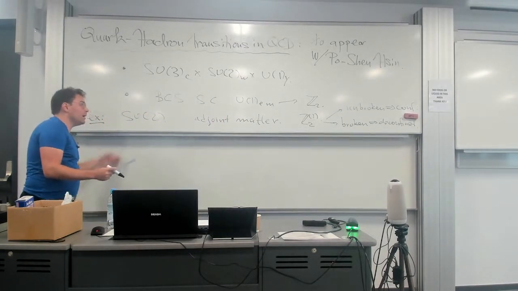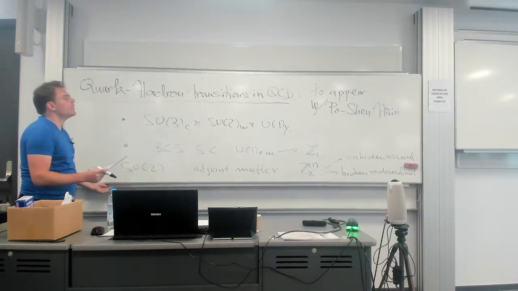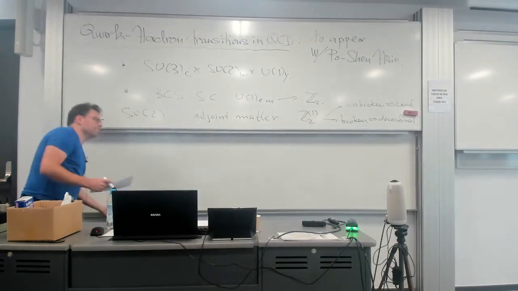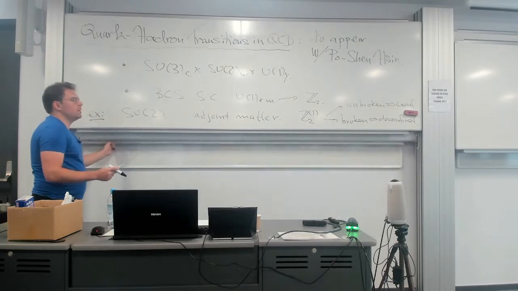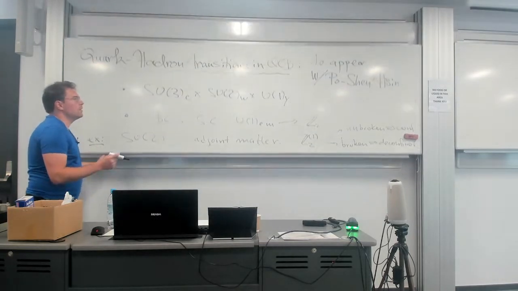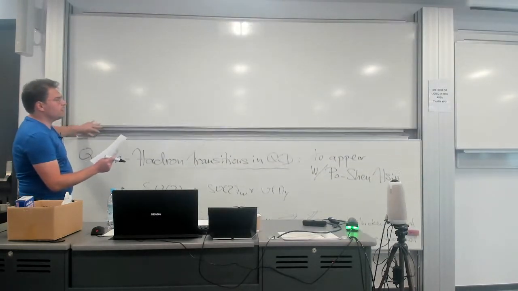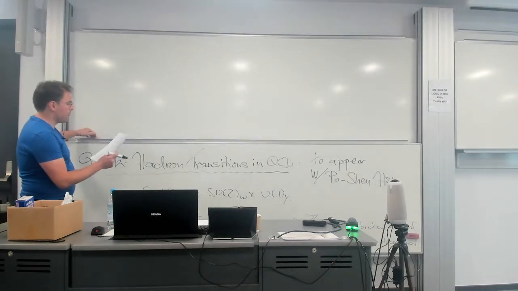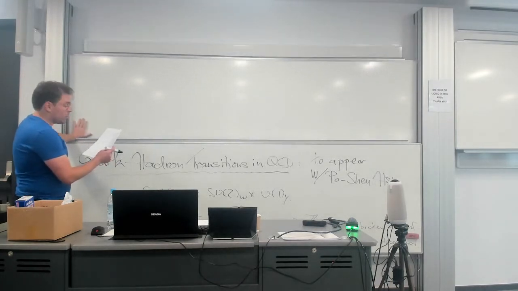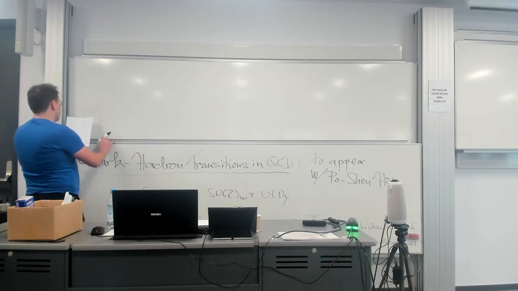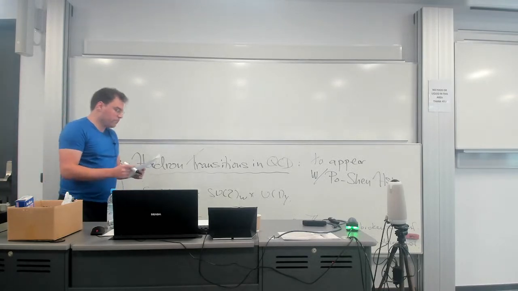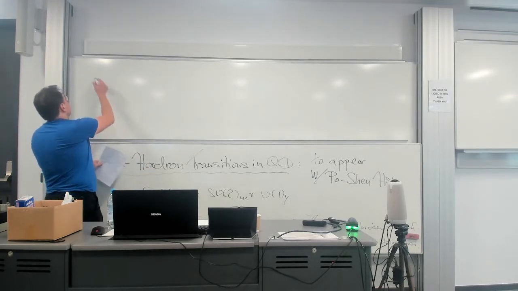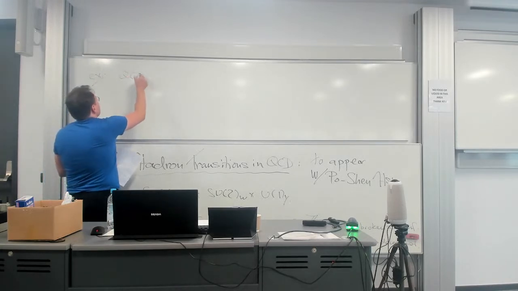Now, I'd like to find the next blackboard. I would like to discuss QCD-like theories. So theories, non-Yang-Mills gauge theories, that have fundamental matter. Okay. So the canonical example for particle physicists is QCD.